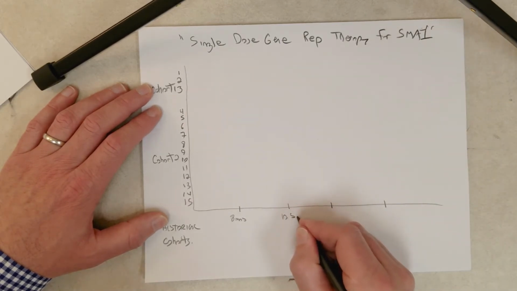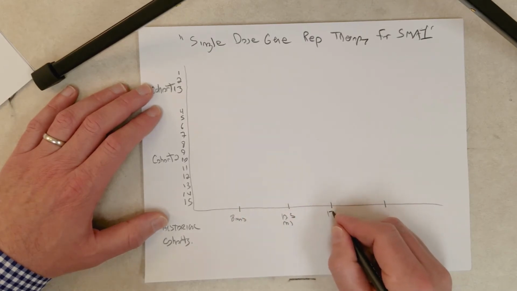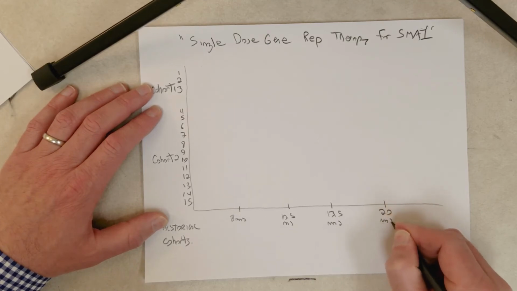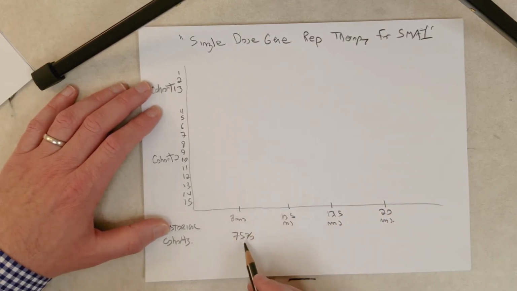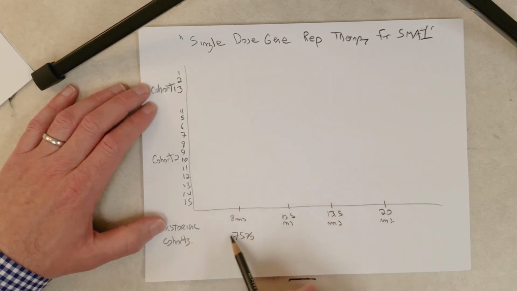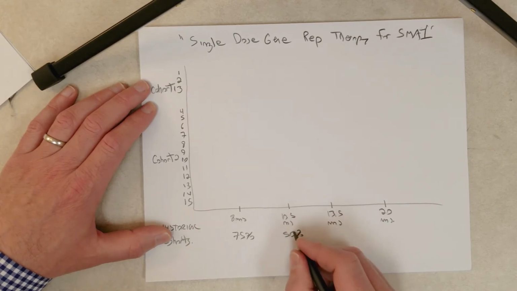So these are the different ages: 8 months here, 10.5 months here, 13.5 months here, 20 months here. And down here, what they're showing you is 75% of individuals in the historical cohort who had SMA1 did not require mechanical ventilation at 8 months. 50% did not require it. That also means 50% required it by 10.5 months.